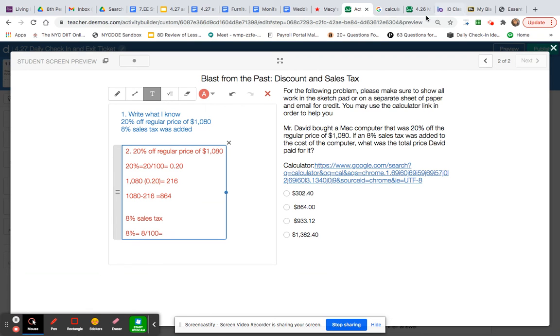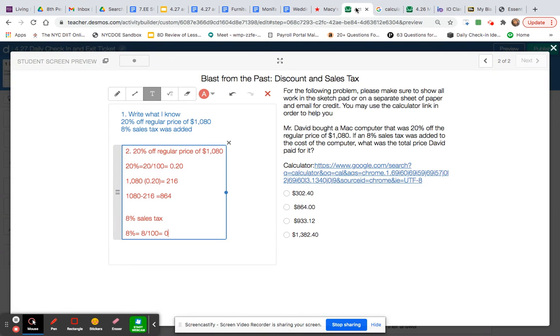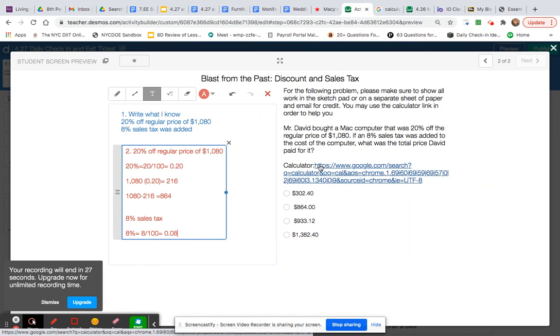If you do that in the calculator, be careful, guys. It's not 0.8. 8 divided by 100 is 0.08. And since we're talking about tax, whatever that 8% of 864 is, we're going to be adding it to 864.